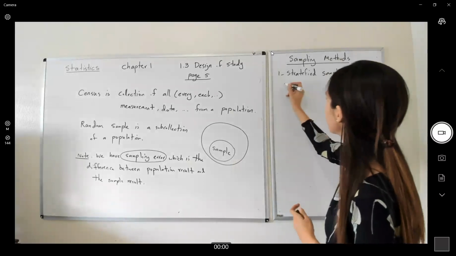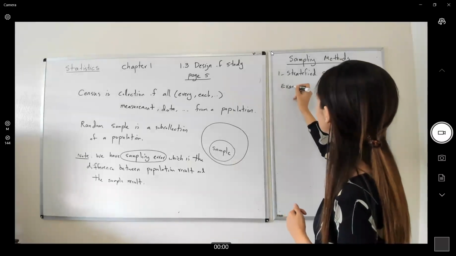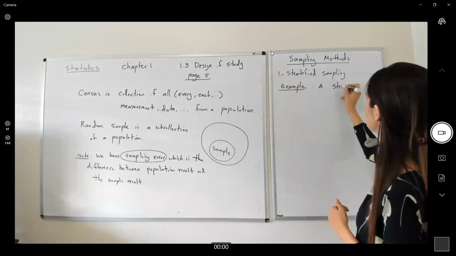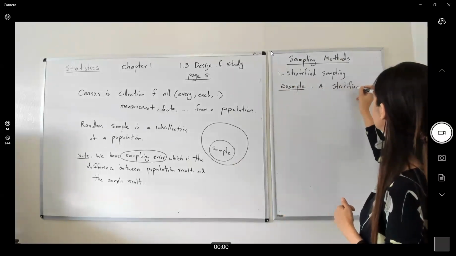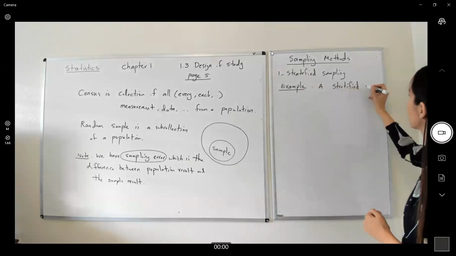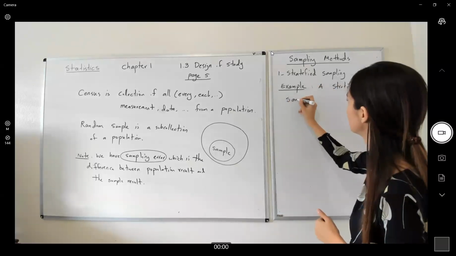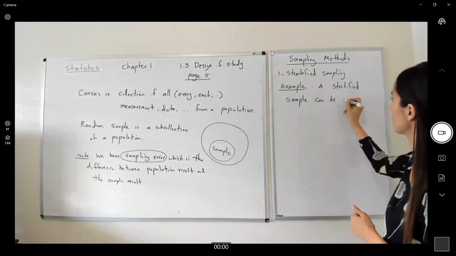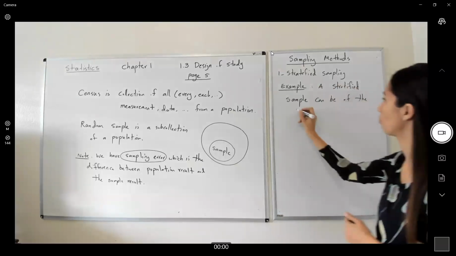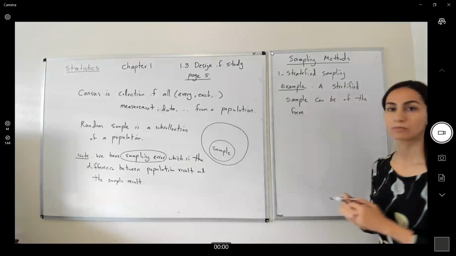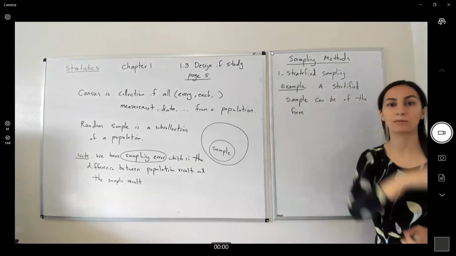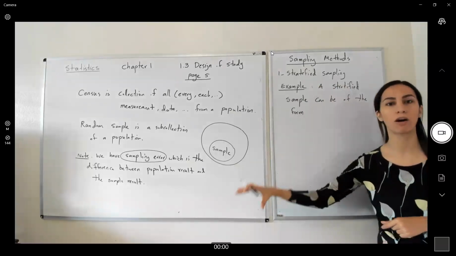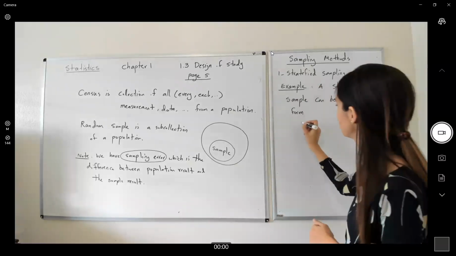So, for example, a stratified sample can be for categorizing a population into different socioeconomic groups.